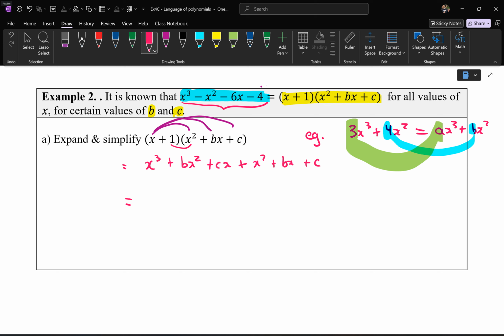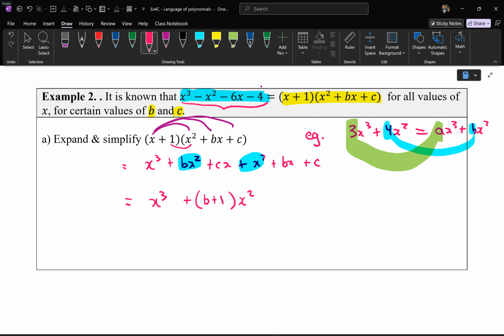We simplify them, so we've got x cubed. What do you do here when you have bx squared plus x squared? How do you simplify that? You do it as x squared, and then brackets b plus 1.